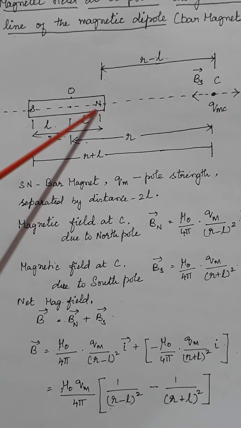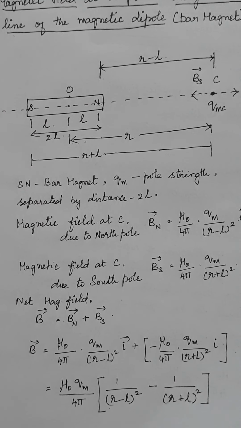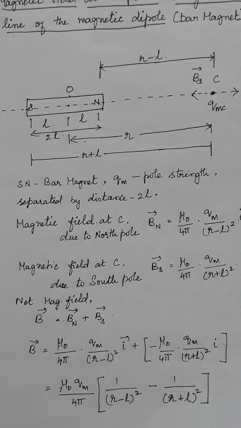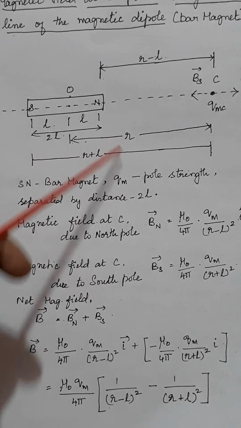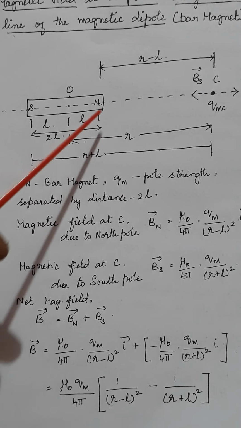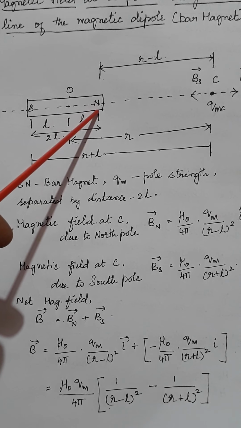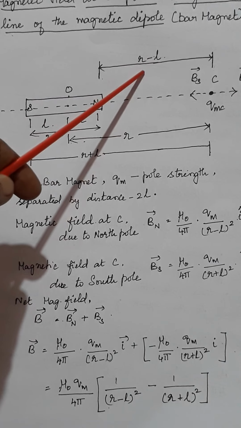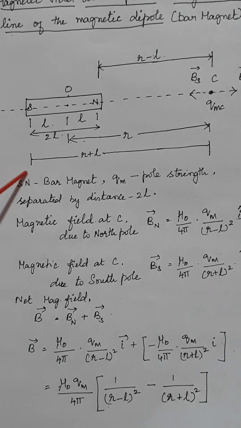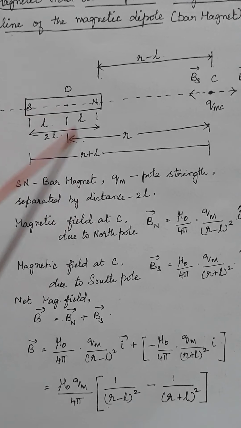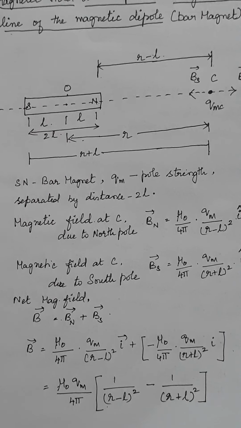Wherever you have positive, here you have negative. The distance from the midpoint will be r. So from the north pole it will be r minus L, and from the south pole it will be r plus L. These are all the considerations.